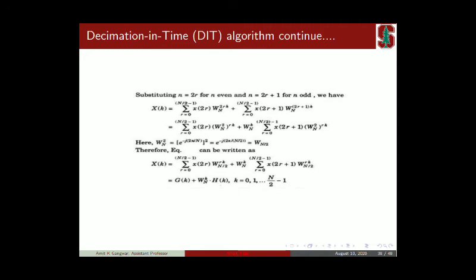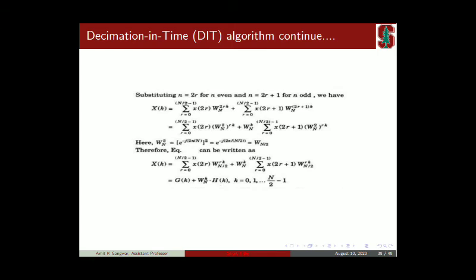After rearranging the terms, you can see we get 2 inside, and we take W to the power rk common outside the bracket. Similarly here we take it outside this bracket. We want to simplify this expression, that's why we are doing these manipulations.